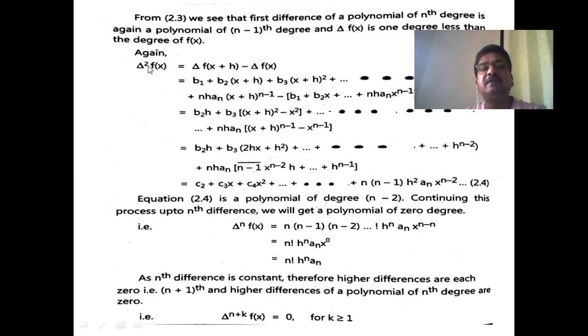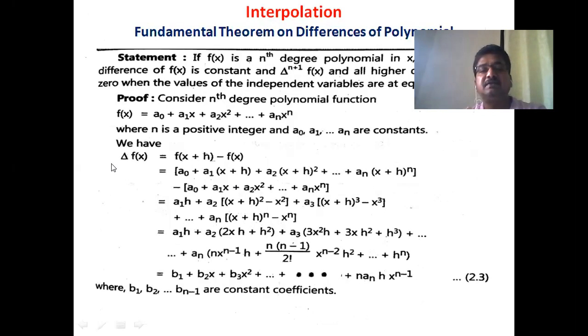So what is delta square fx? It is delta of delta fx, and delta fx is f of x plus h minus fx. So after applying delta, we have delta f of x plus h minus delta fx. So what is delta f of x plus h?